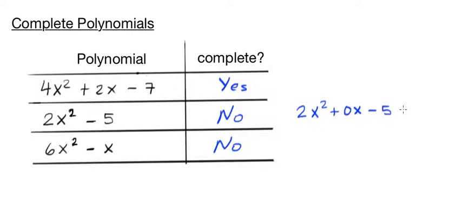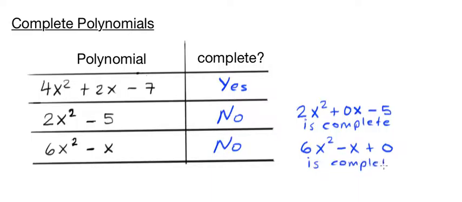Minus 5 is complete, right? It's right here in the bottom. So the good news is that whenever you're given a dividend that is not complete, you can easily complete it by adding zeros, right? This way, 0x for this term, 0 for the constant term. So this guy is complete. So this will help us to go through the next example. Let's go to the next example now.